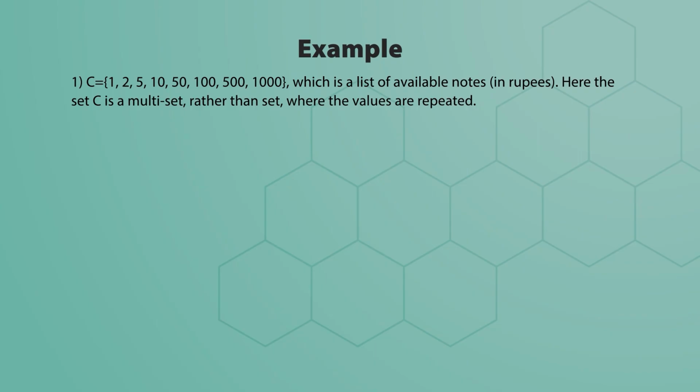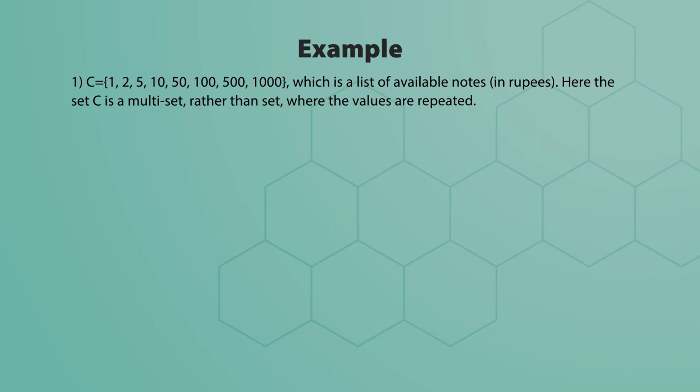In a set you cannot repeat the values. Suppose 1, 2, 3, 4, this is a set. 1, 1, 2, 3 is not a set because 1 is repeated two times, but 1, 1, 2, 3 is a multi-set. Keep that in mind. In this example, the question is given in a set, but the solution is in a multi-set.